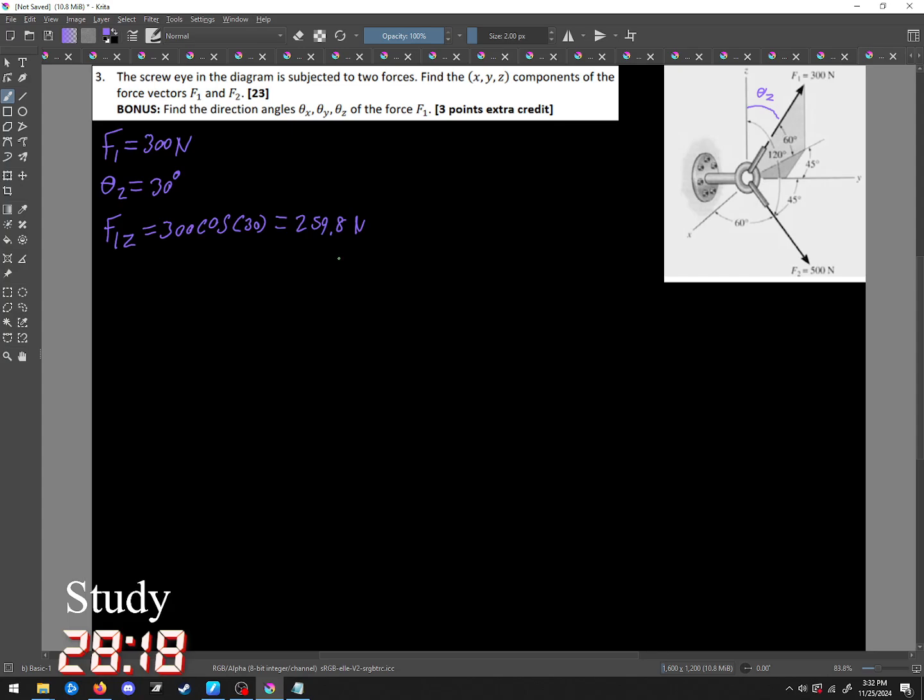And we can do this for y, and we do this for x as well. F1y is going to be equal to 300 sine of 30, which is equal to 150 newtons.